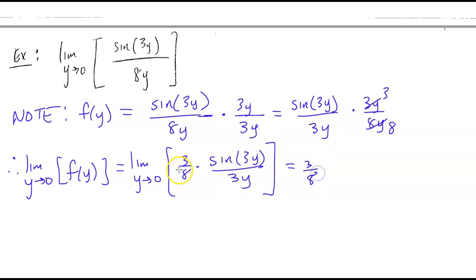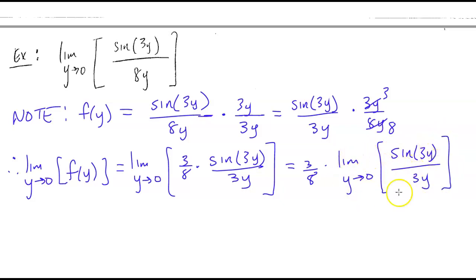Then from our limit laws, we could factor out the 3/8 and just have the limit as y approaches 0 of sine of 3y over 3y. Of course, all of this will just end up being 1 based upon the fact that we found in the other example. And our final answer here would just end up being 3/8.